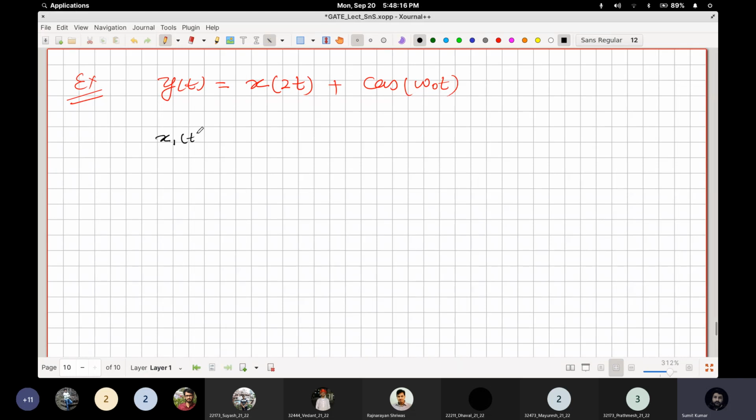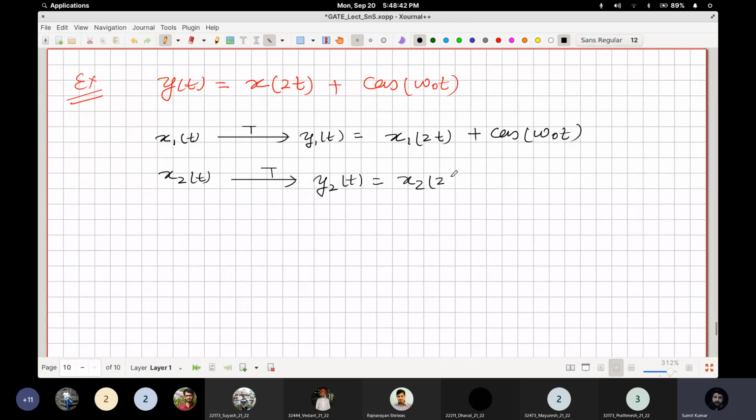So let's say x1 of t is the input and output will be y1 of t, and y1 of t will be equal to x1 of 2t plus cos omega naught t. Similarly, when x2 of t is the input, y2 of t will be x2 of 2t plus cos omega naught t.